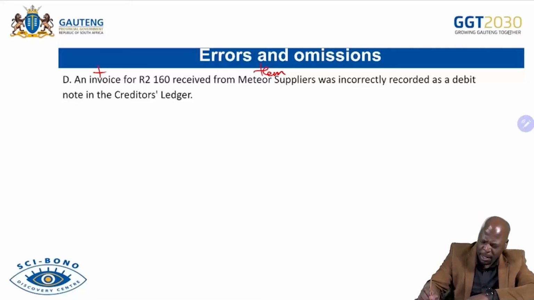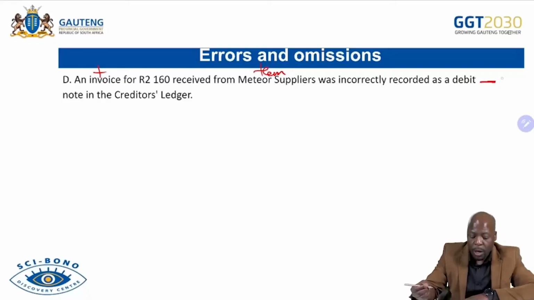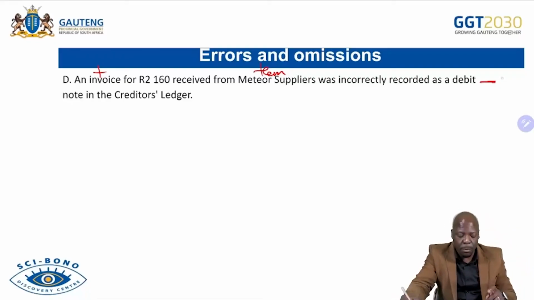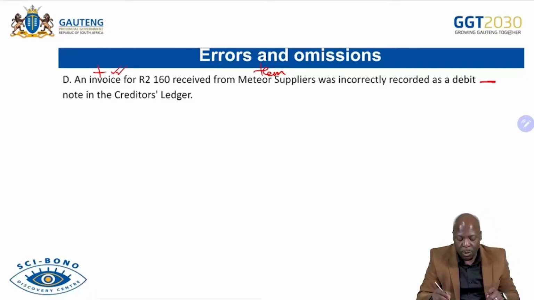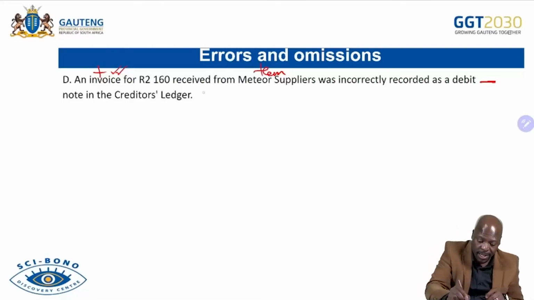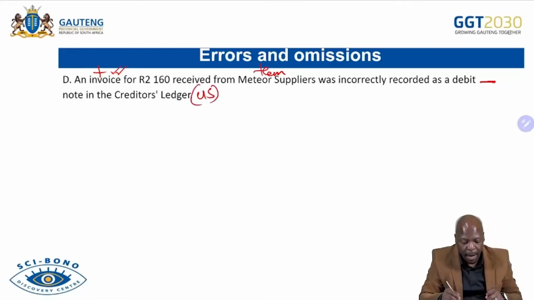Okay, so remember, a debit note is a minus. So if it's an invoice, it was supposed to be a plus. For 2,160, which we received from them, was incorrectly recorded as a minus in the creditors ledger. By who? The creditors ledger is by us.